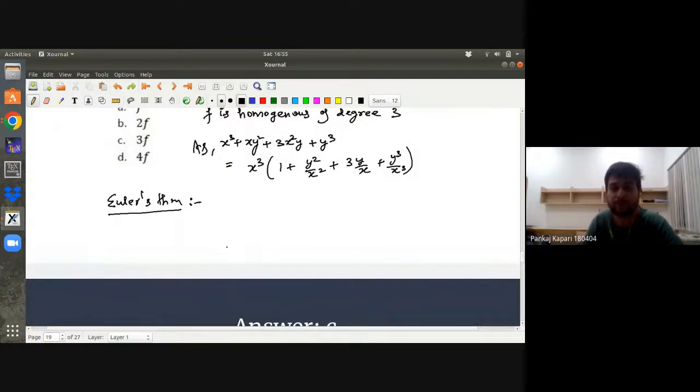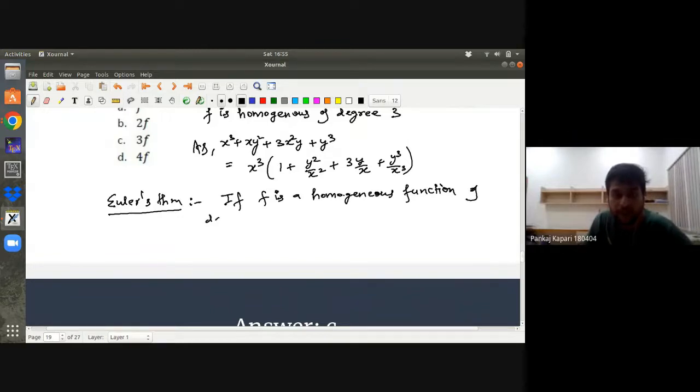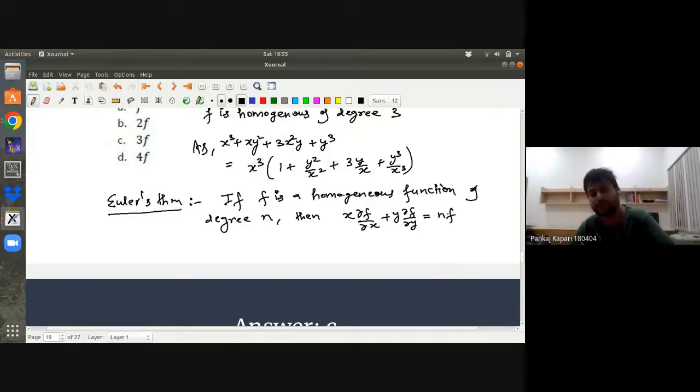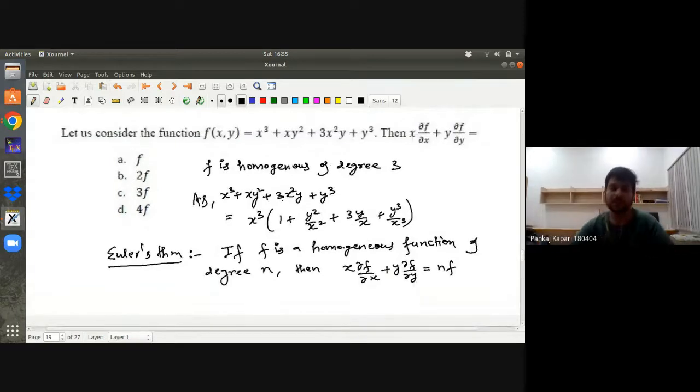The Euler's theorem says that if f is a homogeneous function of degree n, then this expression, x del f over del x plus y del f over del y, is precisely equal to n times f. This is Euler's theorem.